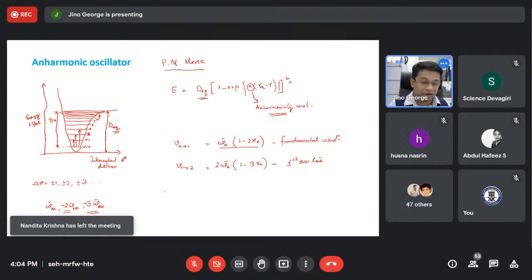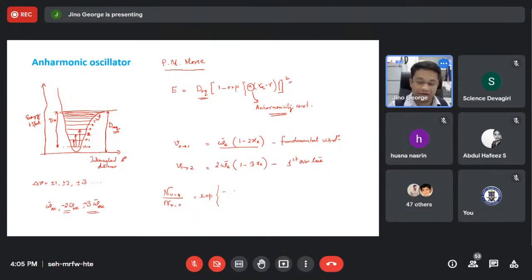I can write n at V is equal to 1 to n at V is equal to 0. This distribution goes as exponential of, you remember that expression, right? h nu divided by kBT.